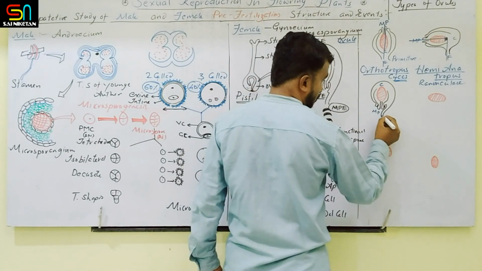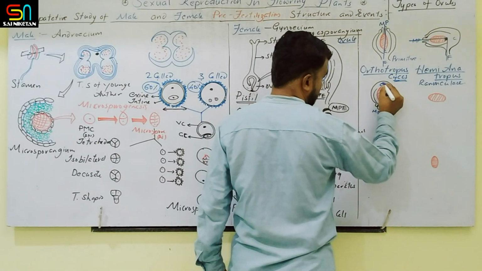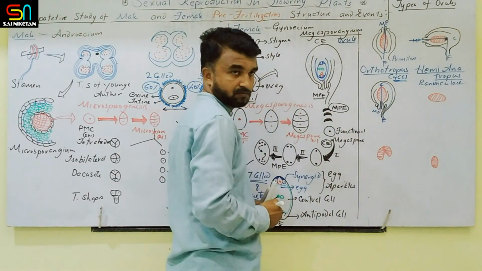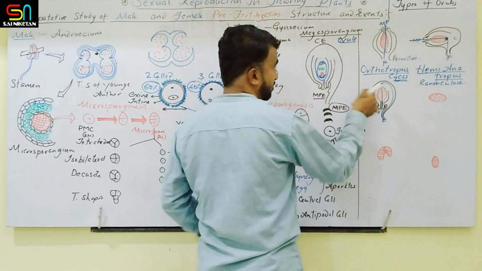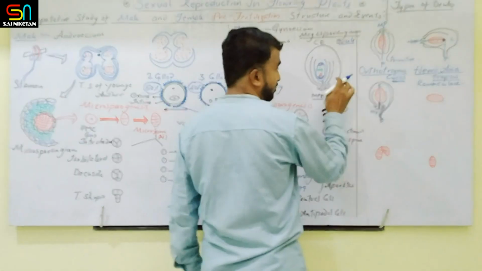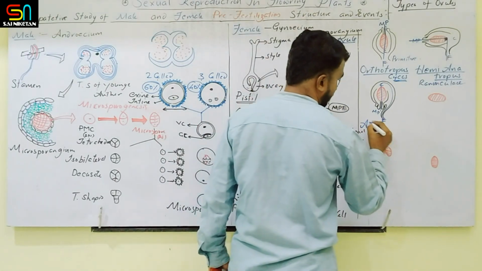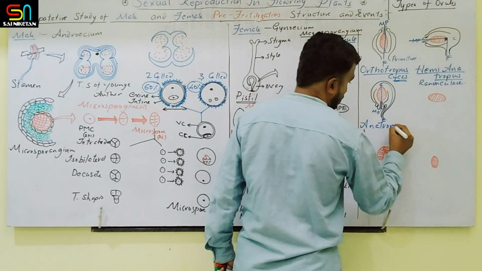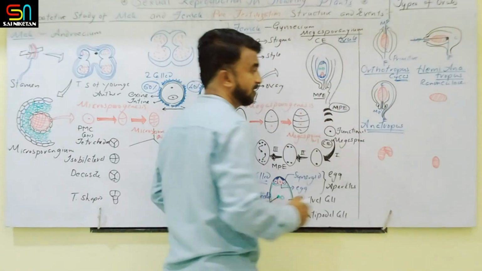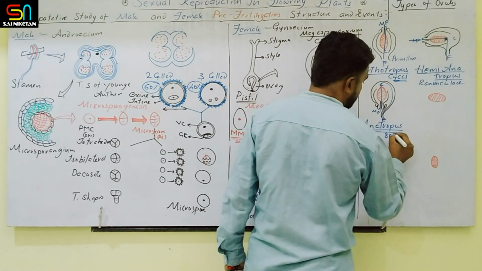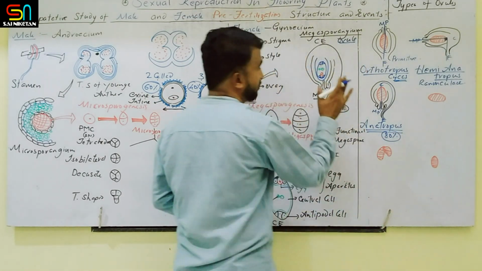This is only due to the 180-degree rotation of the ovule. Here only 80 degree. This is complete 180-degree rotation. This is similar to this one. That's why this ovule is called an anatropous ovule. This is the most prevalent. Almost 80% of the angiosperm families have this type of ovule.